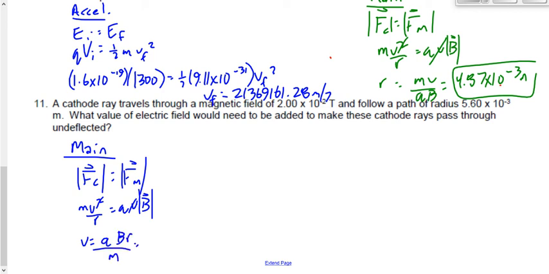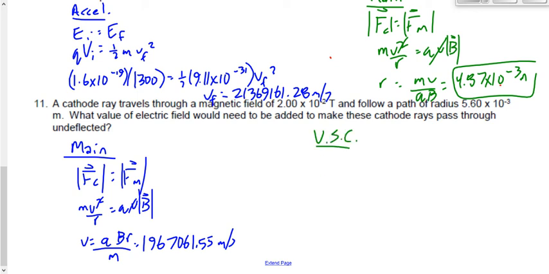If you have trouble with the algebra there, just let me know. That works out to be 1967061.55 meters per second. So that's how fast they're moving in the main chamber. And then when I add an electric field to this, the main chamber becomes what? A velocity selection chamber, right? Because now you've got an electric field and a magnetic field.